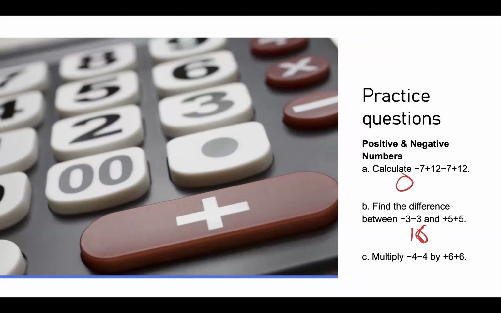Multiply -4 - 4 by 6 + 6. So from -4, do 4 spaces to the left: -5, -6, -7, and -8. So the answer would be -8 for this one. We jump 4 spaces to the left.